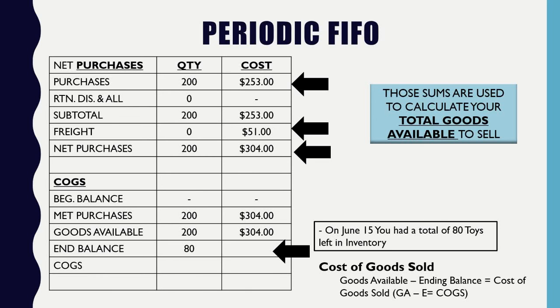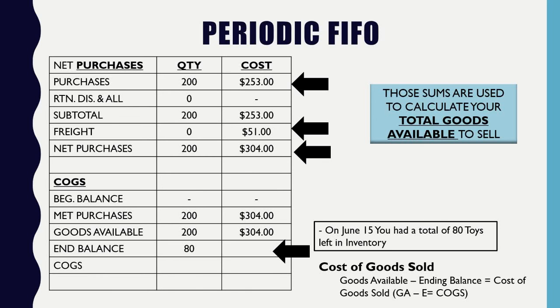Once we have that, then we're going to bring that back down to our bottom portion, which is where we talked about goods available. So the first thing is, do we even have beginning inventory? In this case, we don't. But in the next section after this, we're going to talk about what happens when you do have beginning inventory. So in this case, we do not have beginning inventory.